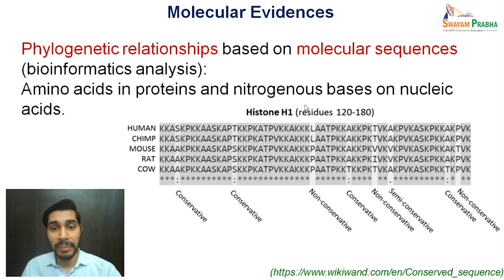Now, for example, this is an amino acid sequence of a particular protein, say histone H1, taken from different organisms, let's say human, chimpanzee, mouse, rat and cow. If you compare their sequences, wherever you see these stars, colons, etc., these symbols represent whether this particular amino acid has been conserved across the organisms or it has undergone some change.